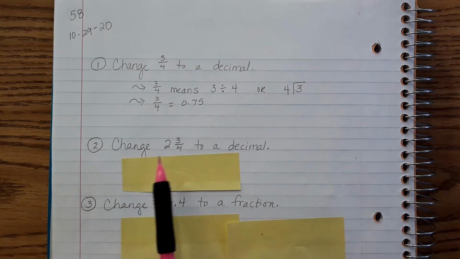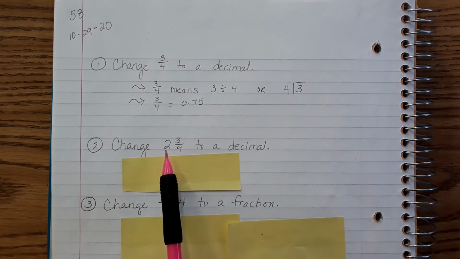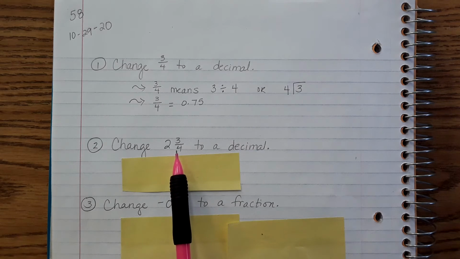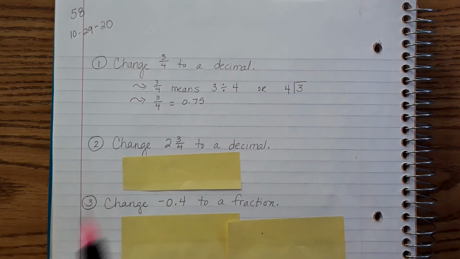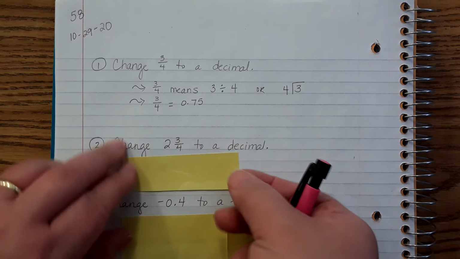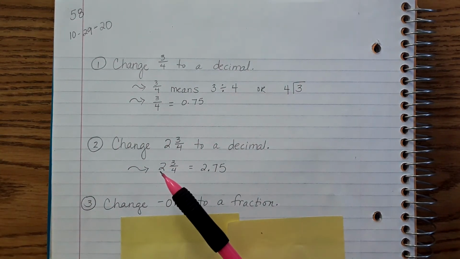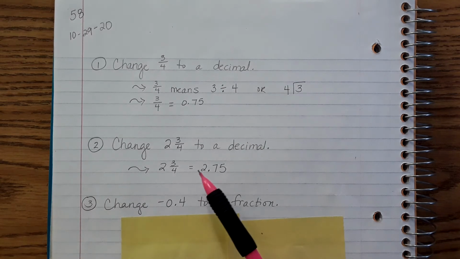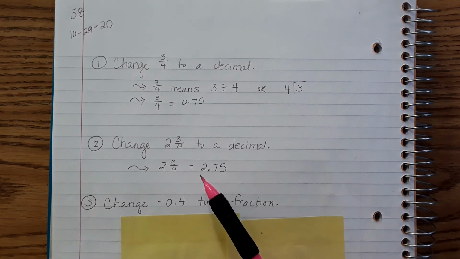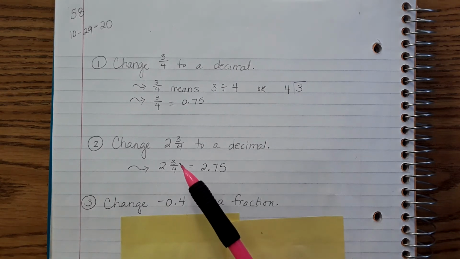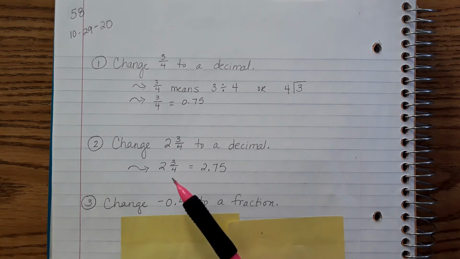What if we have a mixed number that is an integer and a fraction? If we want to change this to a decimal, one way that you can think about it is the 2 is still going to be there as our integer, so it's 2 point something. And what is the something? 3 divided by 4, or whatever fraction is here.